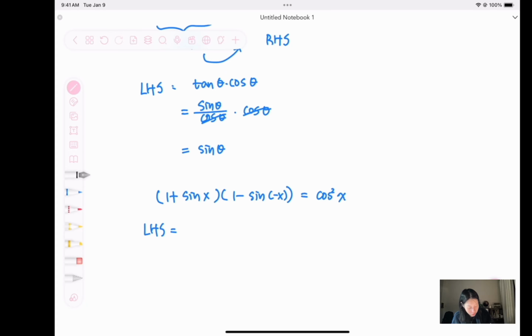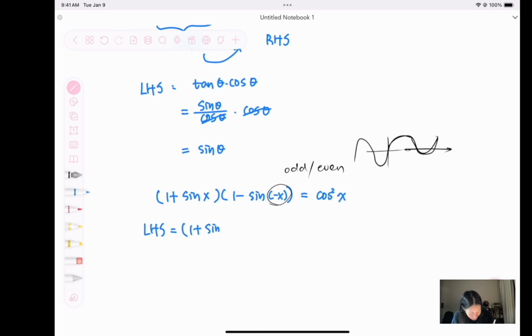In here, if you see a negative, you need to think about odd and even functions. The sine graph starts at the origin like this, so this is going to be an odd function.